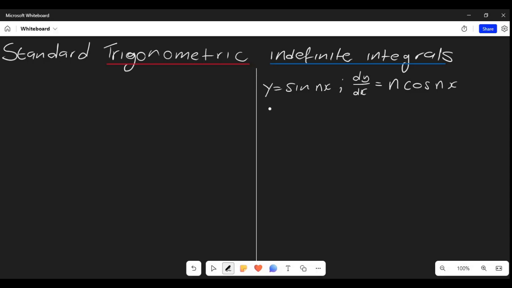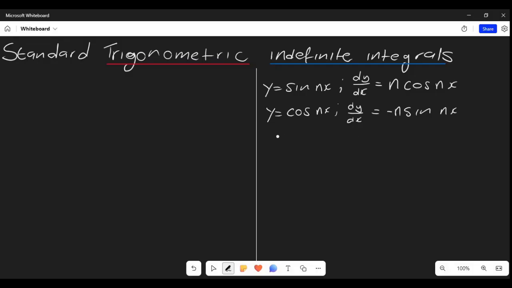Now what about the other trigonometric ratio, cos nx? What is dy over dx of this? It's going to give you negative n sin nx.